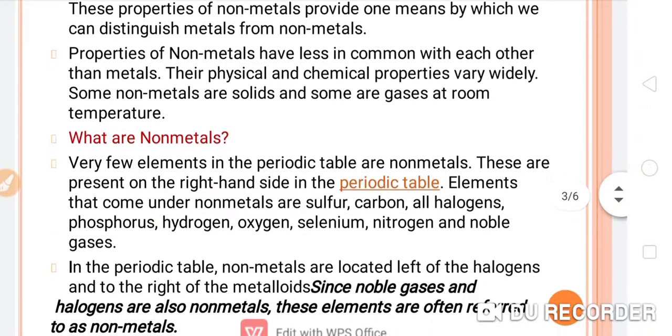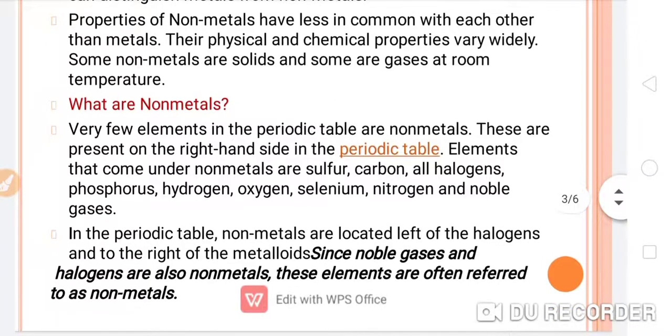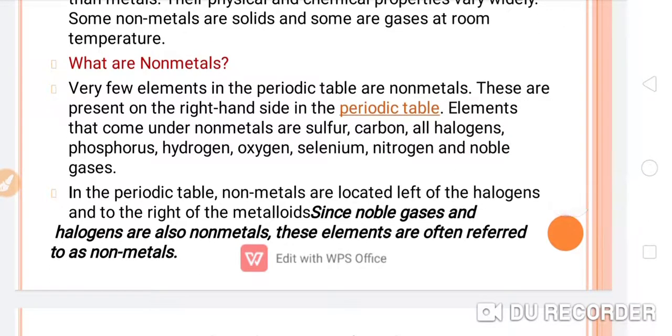So let's see students, what are the non-metals? Very few elements in the periodic table are non-metals. These are present on the right hand side in the periodic table. Elements that come under the non-metals are sulfur, carbon and the halogens, that is chlorine, fluorine, bromine, iodine, and phosphorus, hydrogen, oxygen, selenium, nitrogen and noble gases. So these all are non-metals.